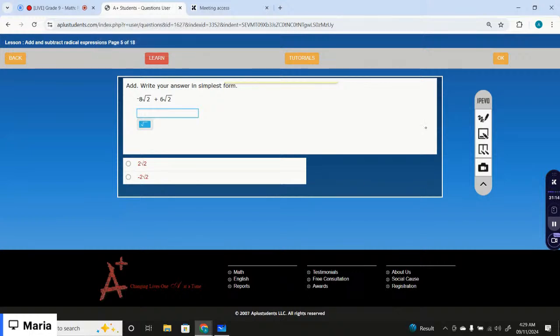The correct option is negative 2 square root 2. Option number 2 is the correct option.